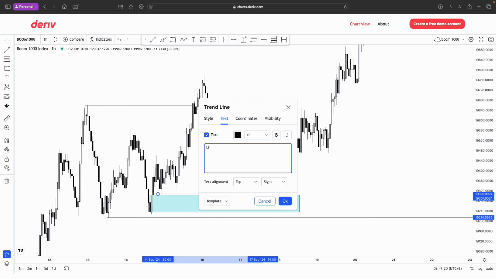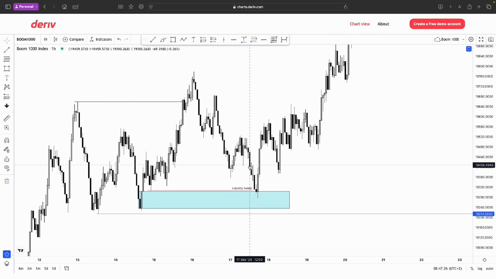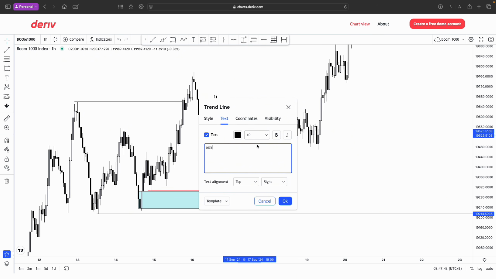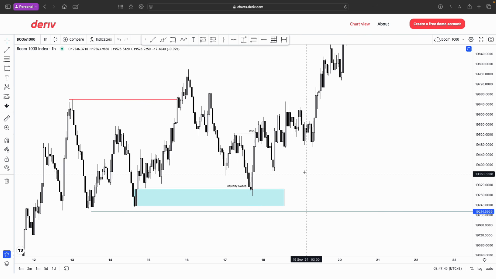So, liquidity sweep. Why a sweep? Price came here. Where was the last high, the lower high that was created that took out this liquidity and reacted from our order block? It was this high here. So this is going to be my market structure shift on the 1 hour.